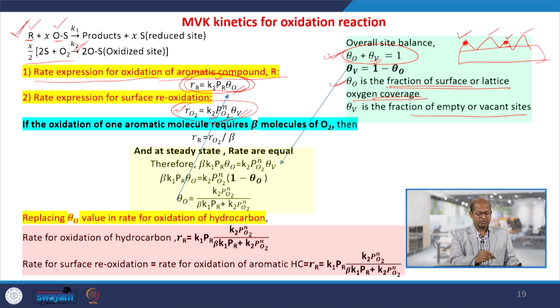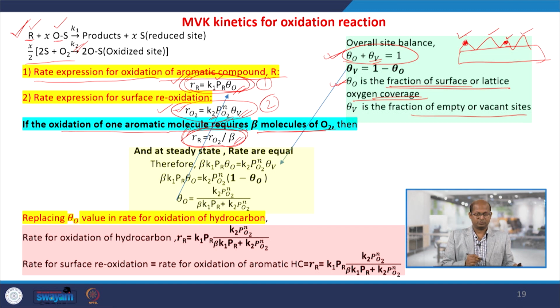Now in these equations, the oxidation of 1 molecule of the aromatic compound R requires beta molecules of oxygen. So, both rates, rate 1 and rate 2, we can write this way. If 1 mole of reactant reacts with 1 mole of oxygen, then beta would be 1, from the stoichiometry.